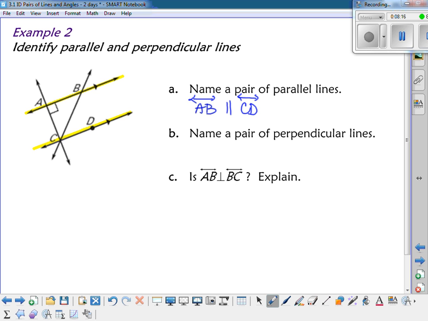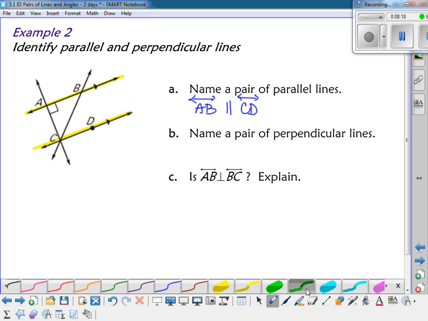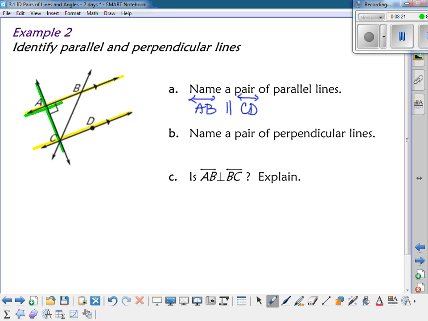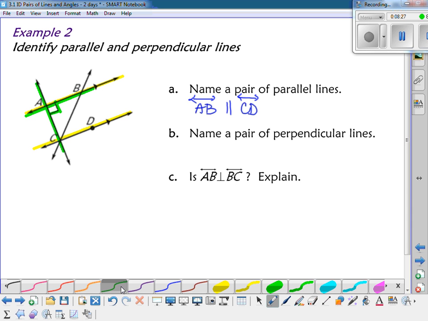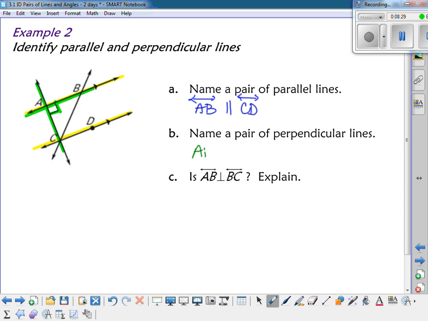And as far as our perpendicular lines go, we've got a right angle marked right there. And so because we've got that right angle marked, I know that line AB is perpendicular to line AC.